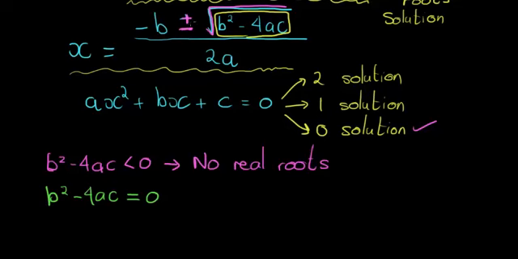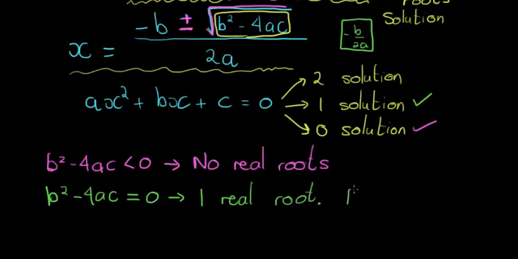Then I'll be adding nothing and I'll be subtracting nothing, so all I'll have is -b over 2a. Which means only one answer, because I won't have anything to plus and minus. So if it is equal to 0, then I will have one solution, one real root, and that root will always be rational.